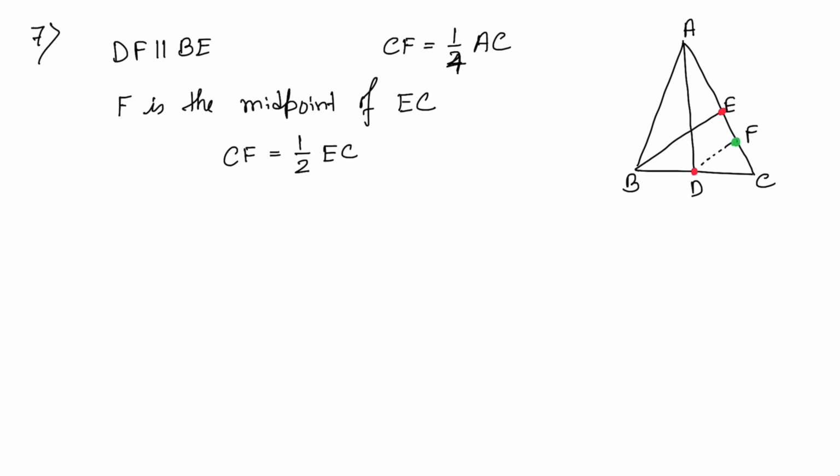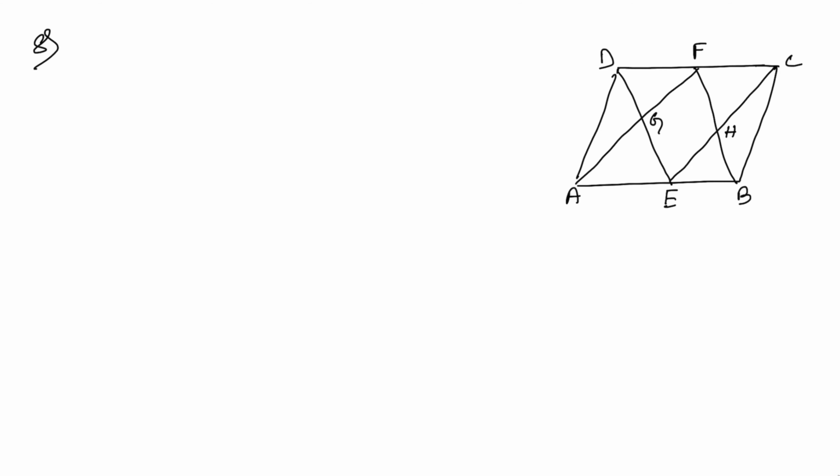Okay, and as you know that E is also the midpoint of AC, in place of EC you can write down half AC. Now half into half becomes 1 by 4 AC. So CF equal to 1 by 4 AC, and it's proved.